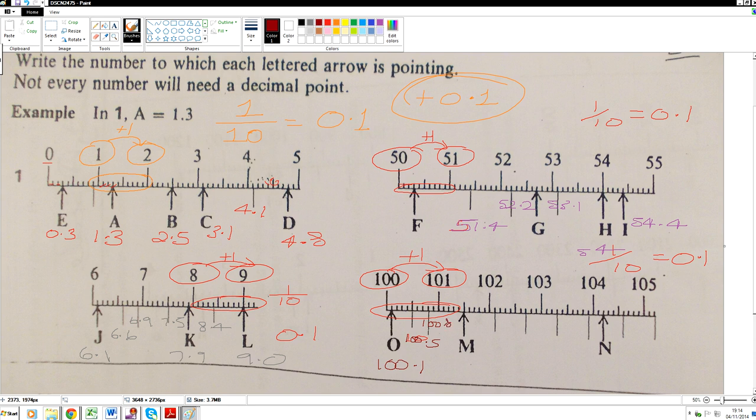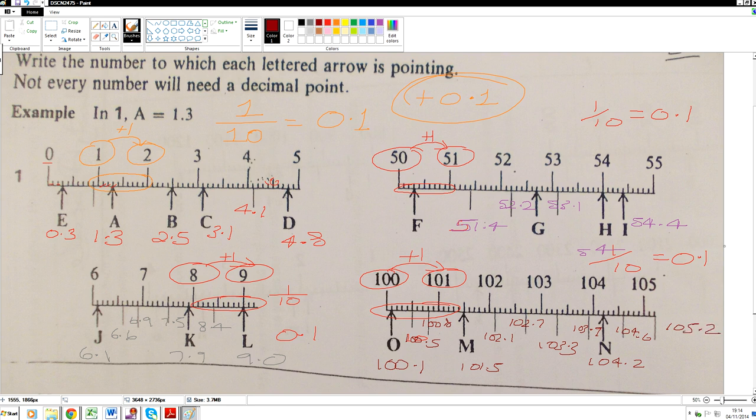This one's going to be 101.5, 102.1, 102.7, 103.3, 103.9, and 104.2, 104.6 and 105.2. And that's the answer for the first section.